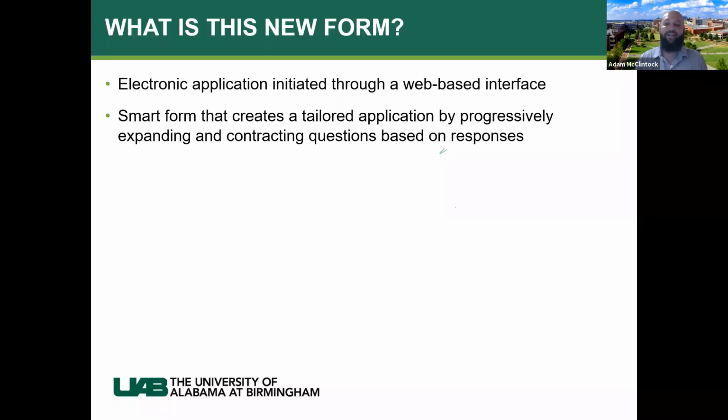So the current HSP is a battery of questions on a Word document. You have to work through them, read them, decide if you need to answer that question or not, or how to answer it. Whereas this smart form takes your responses to questions and presents you with the questions that are most pertinent to your project, in a similar way that TurboTax does when completing your tax returns.